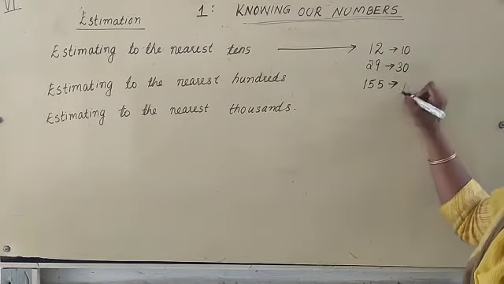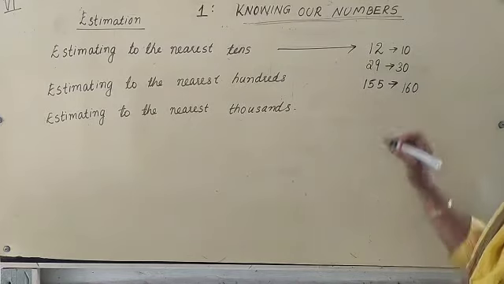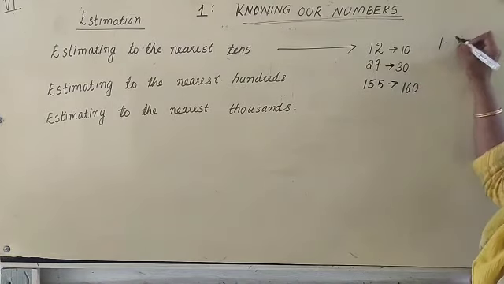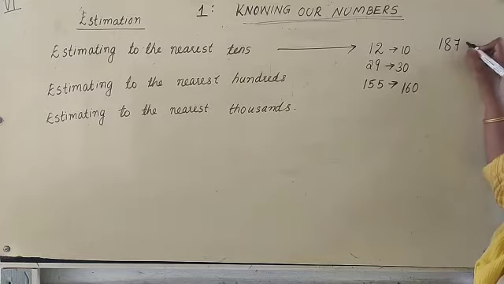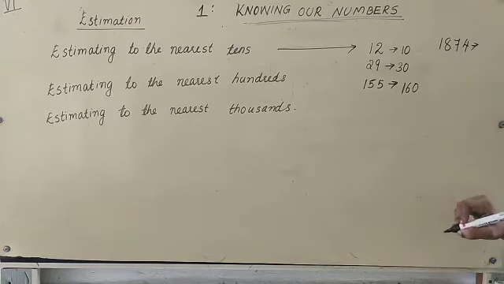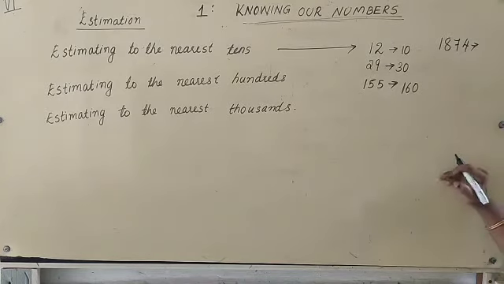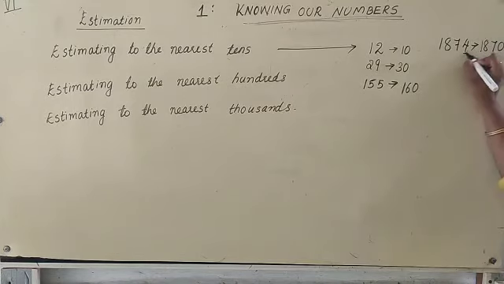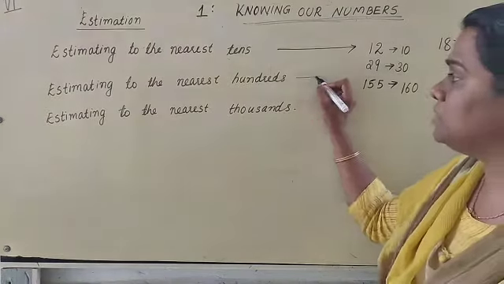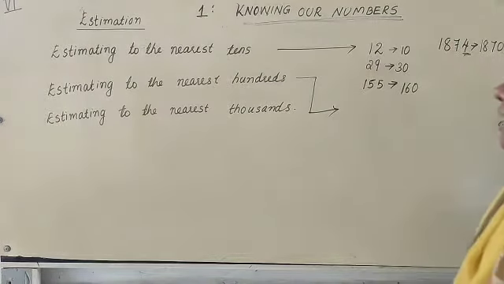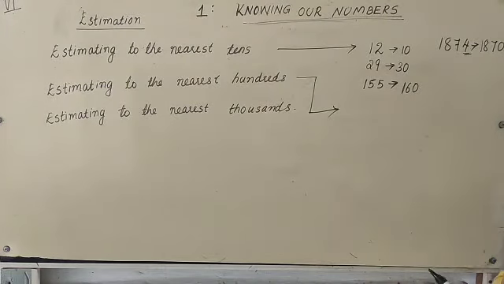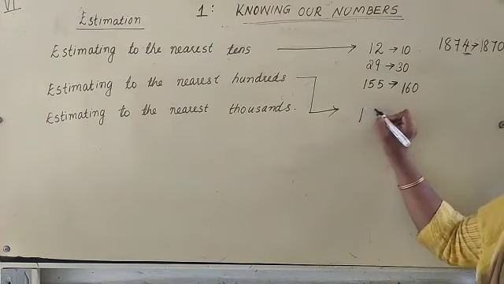Then 155 we round off to 160. Then 1874. How will we round this off to the nearest 10? 1870. The unit place digit is 4. Now we studied the estimation to the nearest 10. Now let us see how to estimate to the nearest 100.